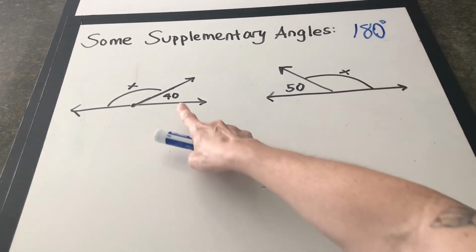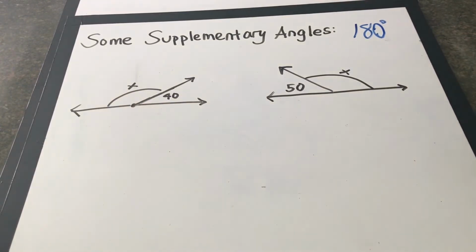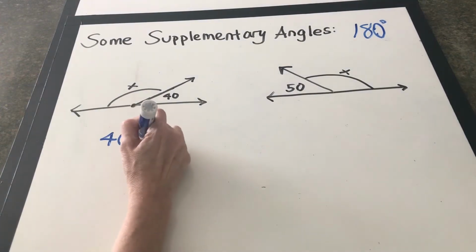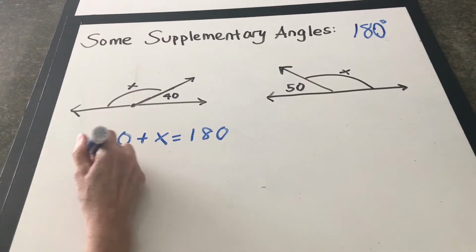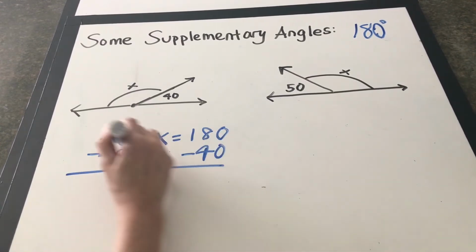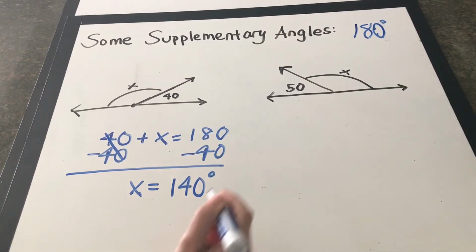And so this 40 plus an X value is going to equal 180 degrees. So let's write that. 40 plus X equals 180. So if we take away 40 on both sides, we know X is equal to 140 degrees. Okay, so that's the value of X there.